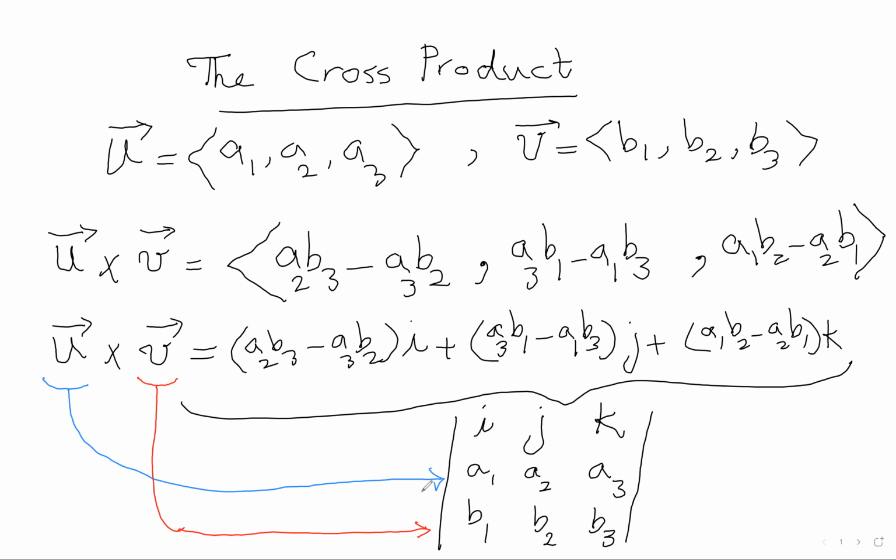And the first row obviously consists of i, j, k, those three standard unit vectors.